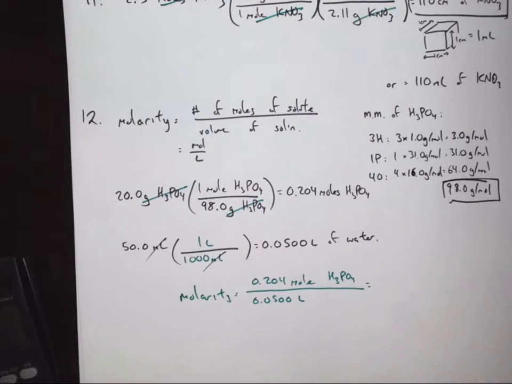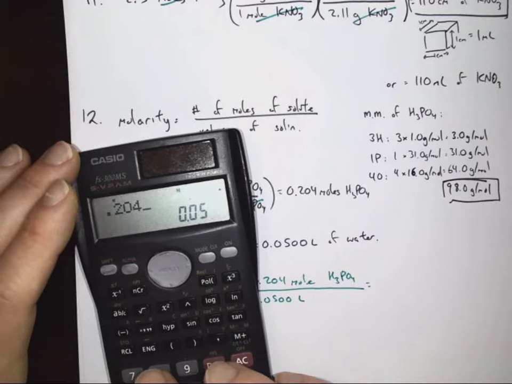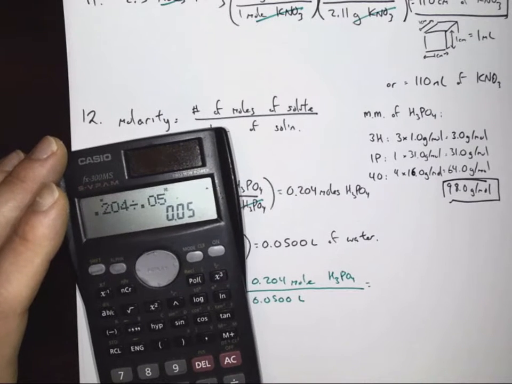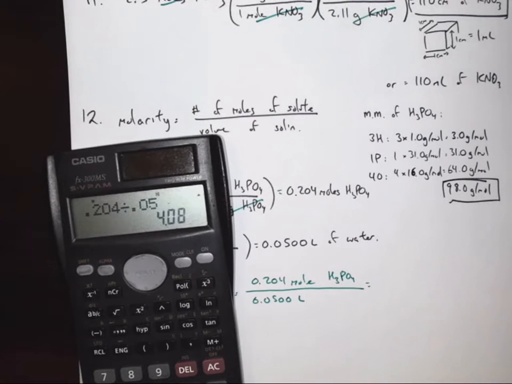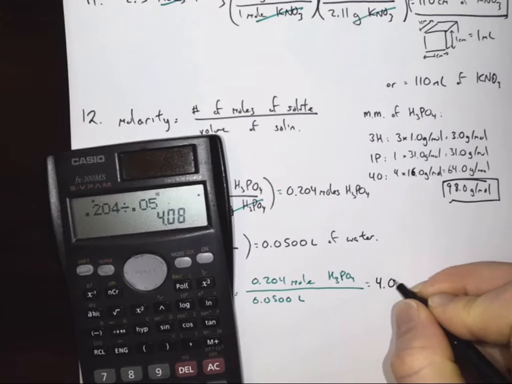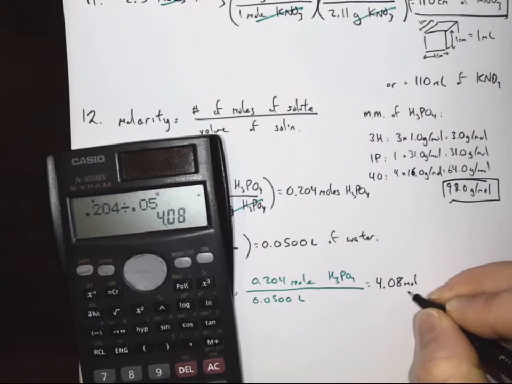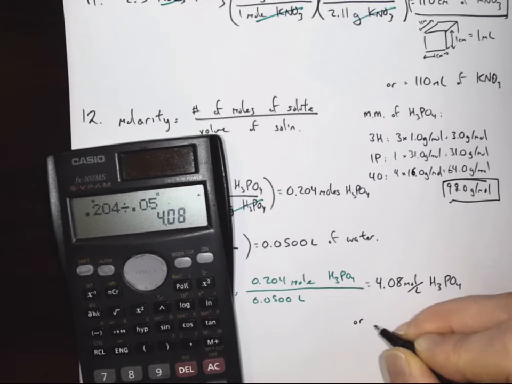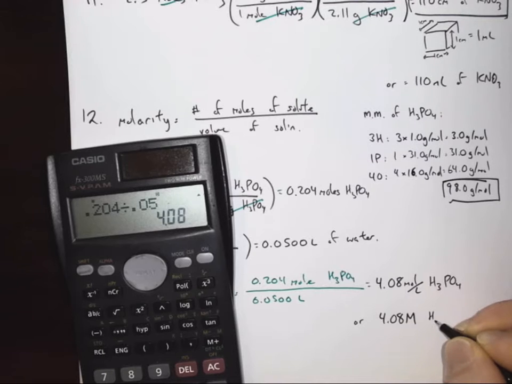When we punch that into a calculator, I get 0.204 divided by 0.05, and I get a concentration of 4.08 moles per liter of H3PO4, or I can use a capital M to express the same idea.